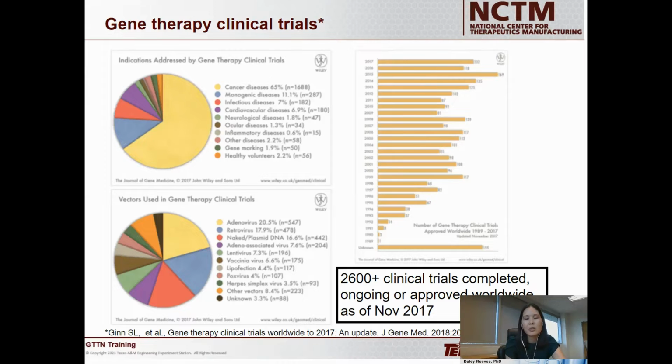And really the big driving force for gene therapy as a whole is that it actually has opened up the door to curing genetic diseases that we weren't able to before. So by being able to really change a patient's genes or their genetic expression of genes, we're really able to target a lot of new disease areas that we weren't able to before.